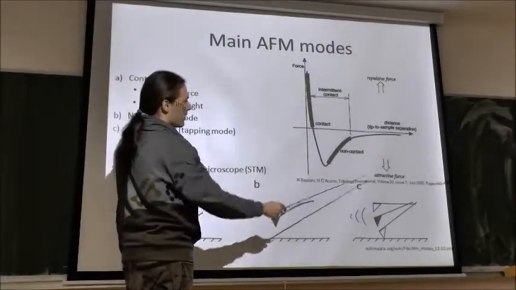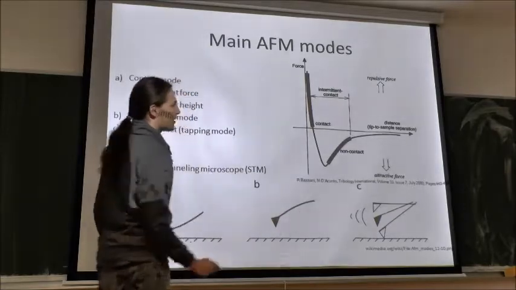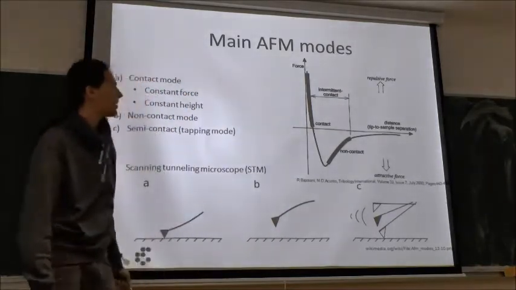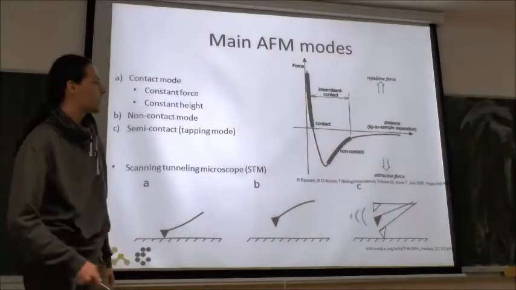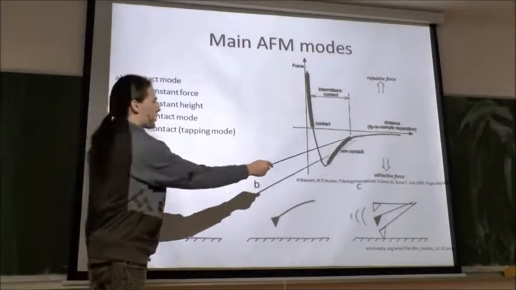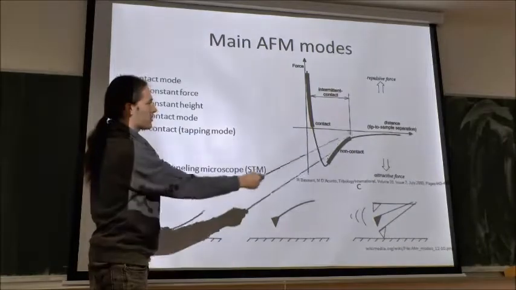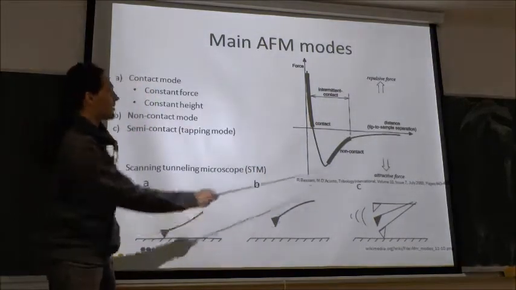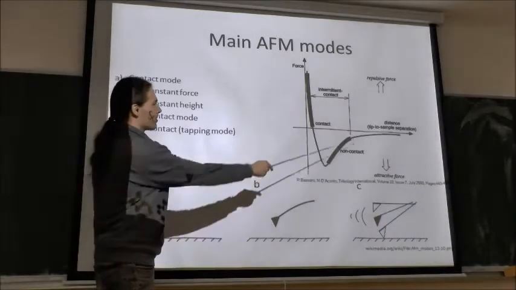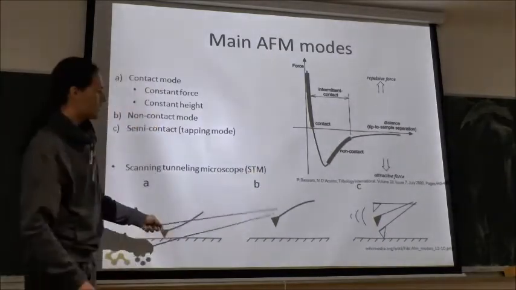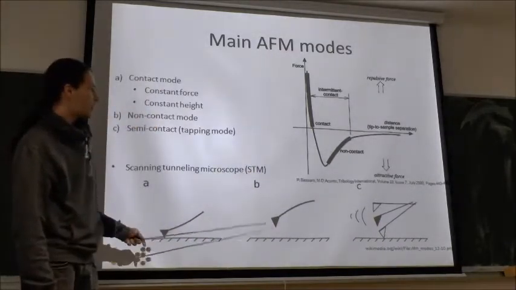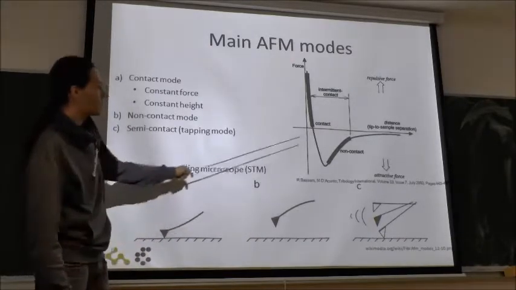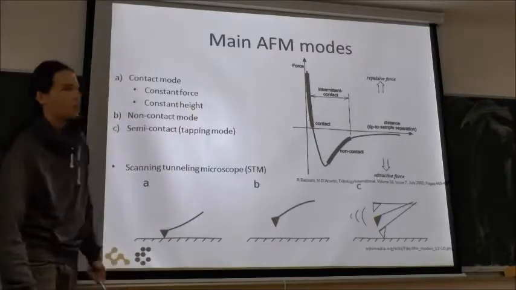In the lower part of the graph we have attractive forces, and in the upper part we have repulsive forces. When we come close enough, there's an attractive force between the tip and the sample that brings our tip closer to the sample. But if we go too close, there's a repulsive force.